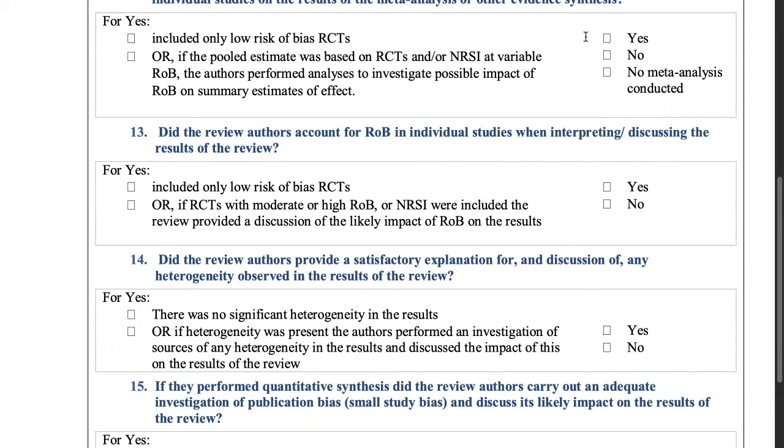Question number 13 is regarding the interpretation and discussion of the results according to the risk of bias of individual studies. So it's the same thinking as the previous question. For yes, we have two options: the authors included only low risk of bias RCTs, or if they included high or moderate risk of bias RCTs or non-randomized studies, they provided a discussion of the likely impact of the risk of bias on the results.